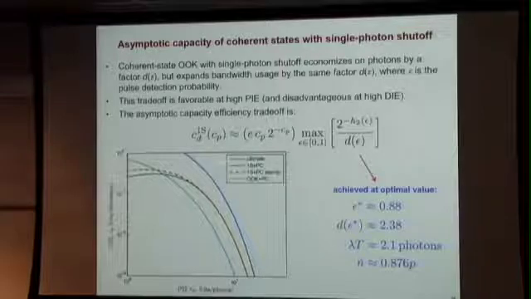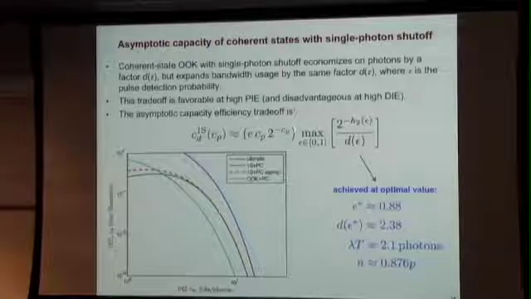So pretend that you could do the feedback instantaneously, without cost, and pay only the inherent bandwidth price on the transmitter. What's the capacity efficiency? Well, the dimensional efficiency as a function of photon efficiency is the Holevo asymptotic, again, for high photon efficiency. It's the asymptotic formula for Holevo times a constant factor again.